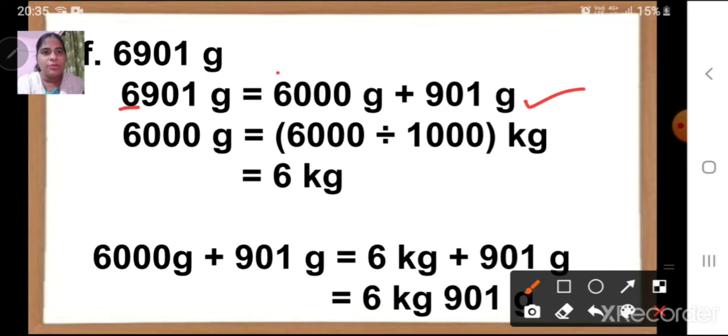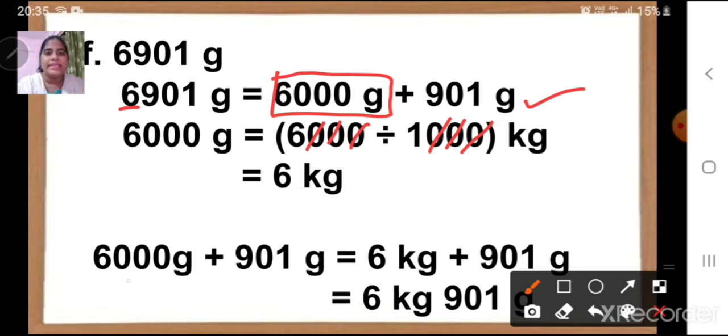After this we are going to convert this 6000 gram into kilograms, right? So 6000 gram is equal to 6000 divided by 1000 kilogram. Okay, so we will divide it, or we will use the cancellation method. We'll cancel the zeros and we'll get the answer 6. So it is 6 kg, correct?